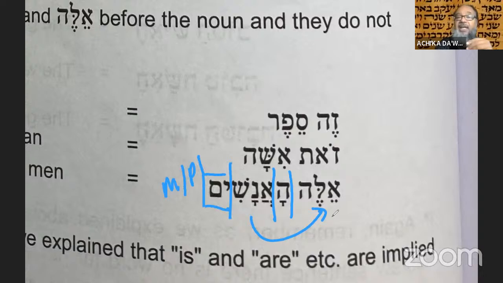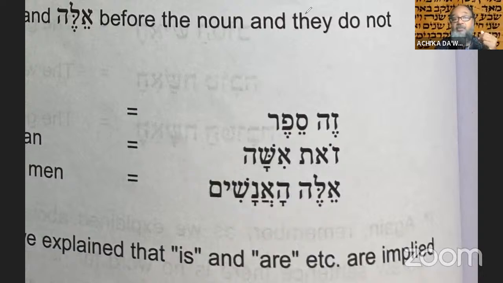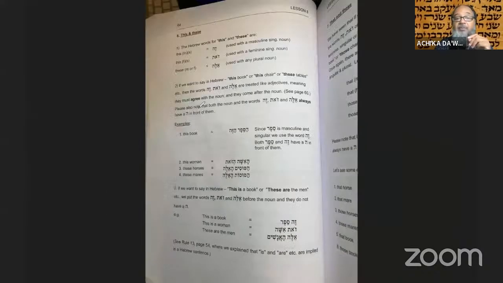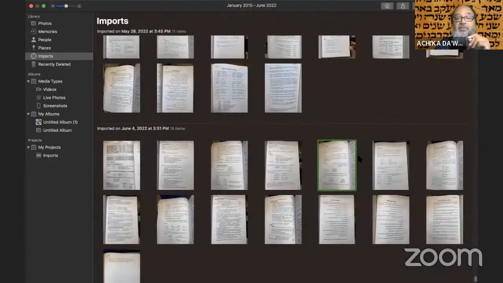You have to put the ele on it. And these are the only three that you have to learn. That's it. But you've got to know how they work. So it says see page C13, rule number 13, page 54, where we explain that is and are, et cetera, are implied, which we talked about in your previous lesson.